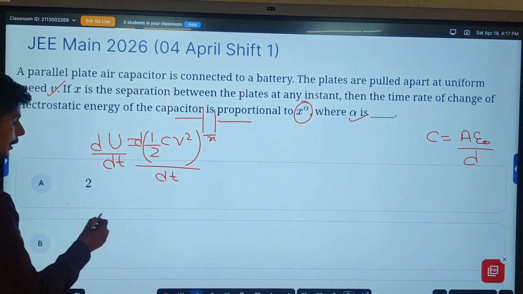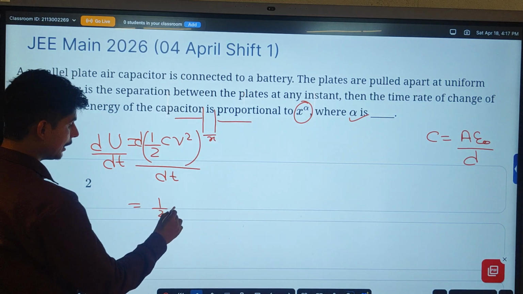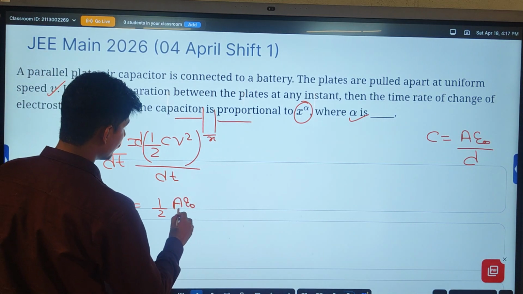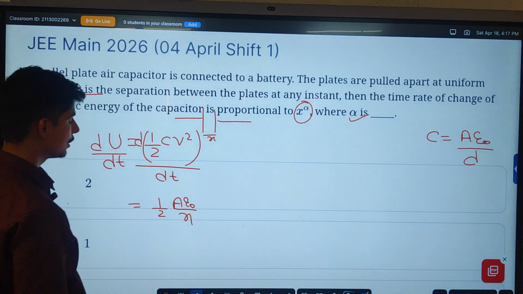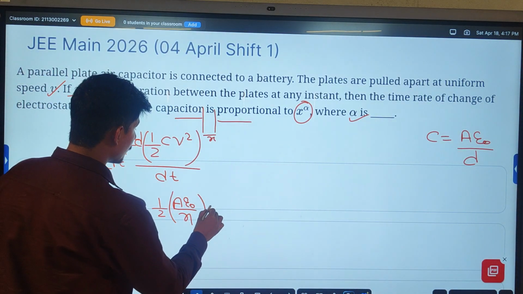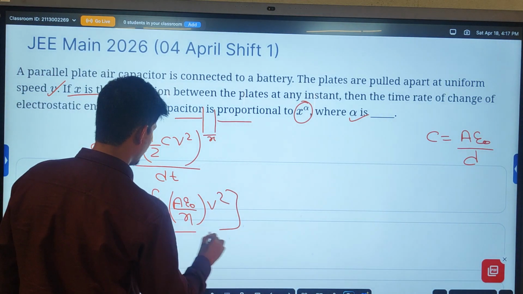So I can write U equals 1 by 2, which is the constant, A epsilon naught by x, because the separation in the question is given as x, into V square. The whole thing we have to differentiate.